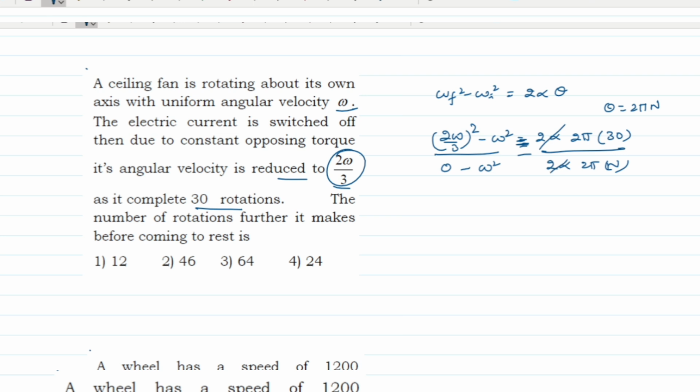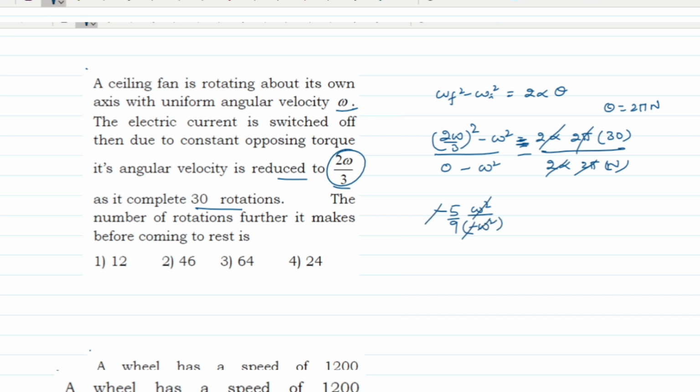Here 2 alpha and 2 pi get cancelled. 2 by 3 whole square means 4 by 9, and 4 by 9 minus 1 is minus 5 by 9 into omega square. In the denominator we get minus omega square, so we bring it into the denominator.